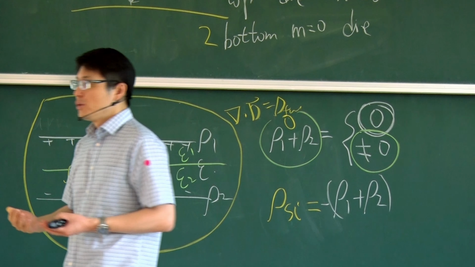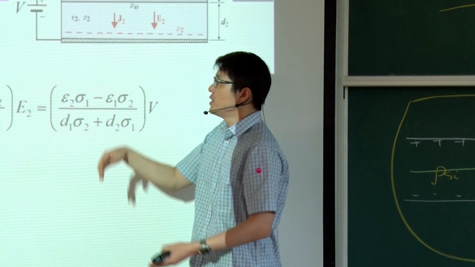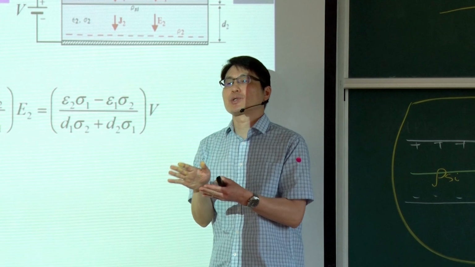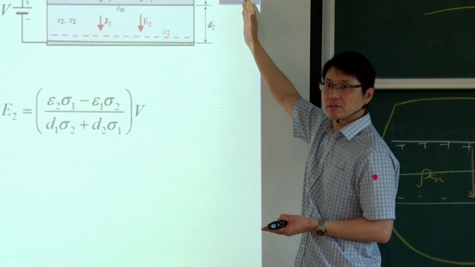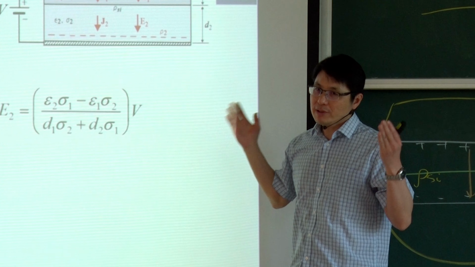We assumed this parallel capacitor is huge, so all the fields are self-contained between the two plates. Therefore, when you're outside, you don't have field lines.